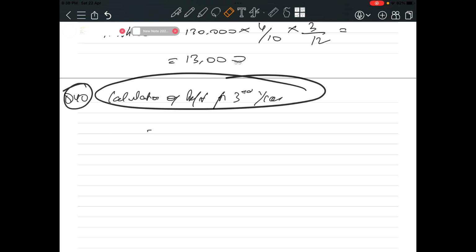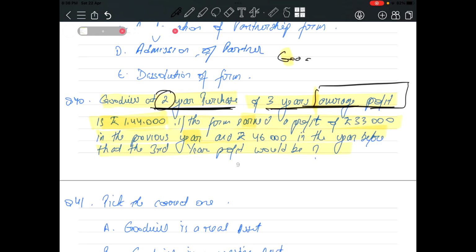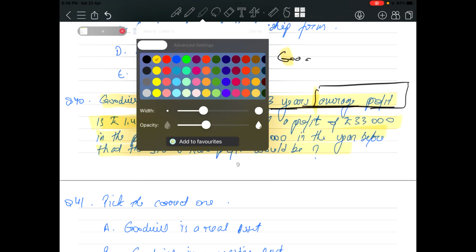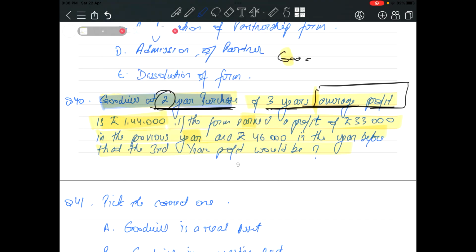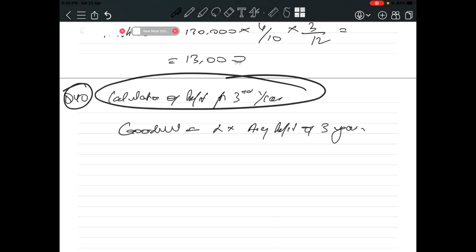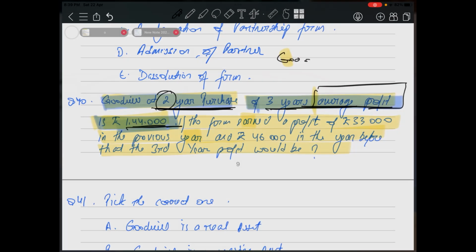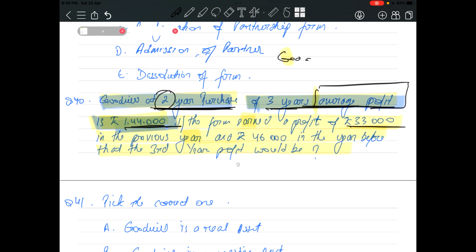Goodwill is equal to 2 into average profit of 3 years. The value of goodwill at 2 years purchase of 3 years average profit is 1,44,000. We have the profit of the first year and second year, and we have to calculate the third year's profit.